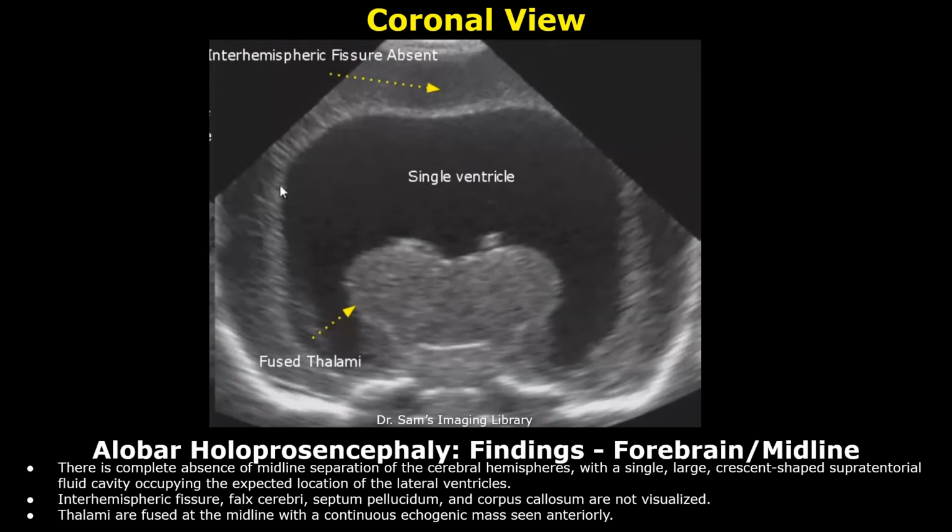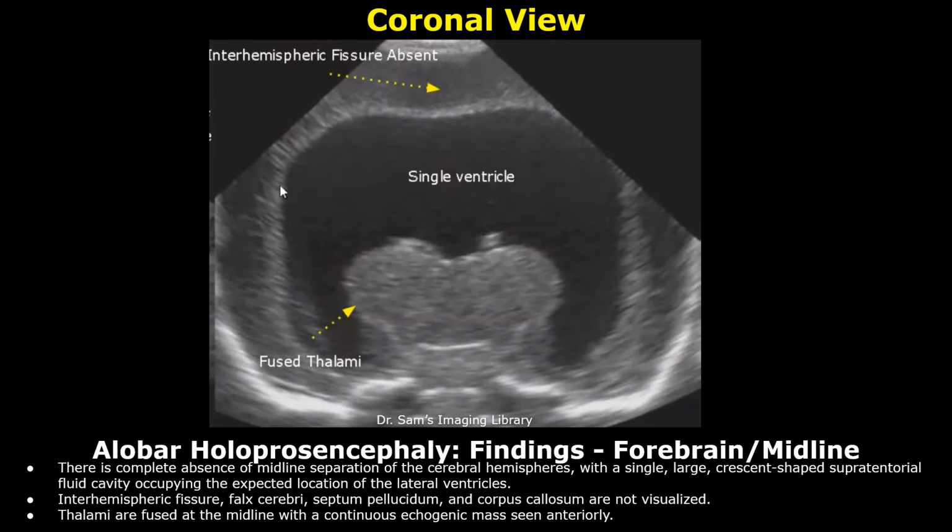Findings. There is complete absence of midline separation of the cerebral hemispheres, with a single, large, crescent-shaped supratentorial fluid cavity occupying the expected location of the lateral ventricles. Interhemispheric fissure, falx cerebri, septum pellucidum, and corpus callosum are not visualized.